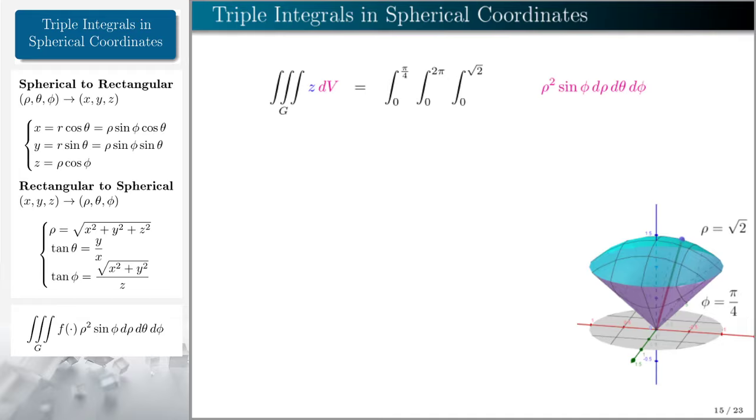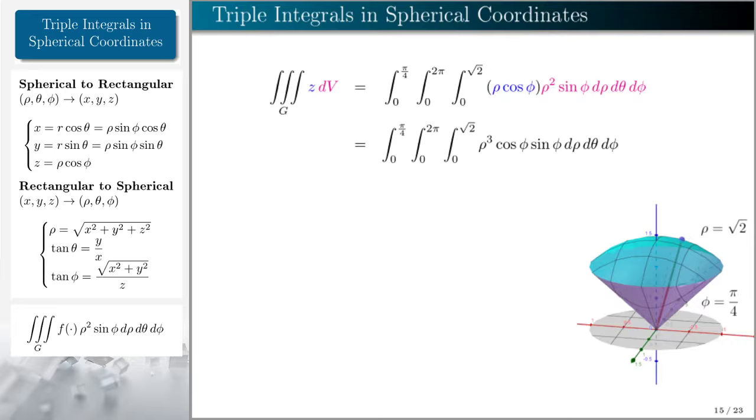And for our last change, I will change my z in terms of rho, theta, and phi. In this case, that will just be rho cosine phi. Simplifying it, I will have the following triple iterated integral. At this moment, we can forget all about the figure because we just need to solve this as a normal iterated integral.